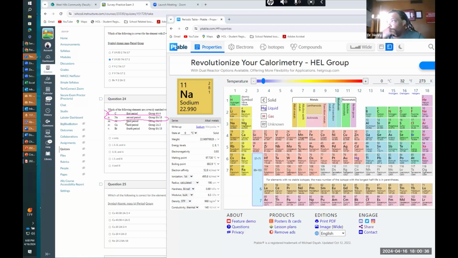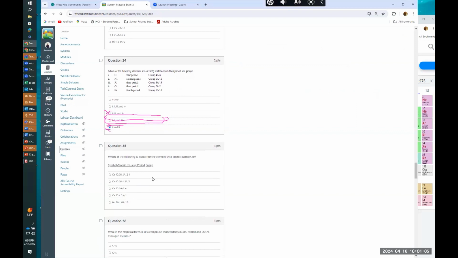That one is a no. And then where's the Br? Oh yeah, right here. Bromine. One, two, three, four, the fourth period, and 17. And then bromine, no. So it's just 2 and 3. Yeah. The last one, okay, looks good.